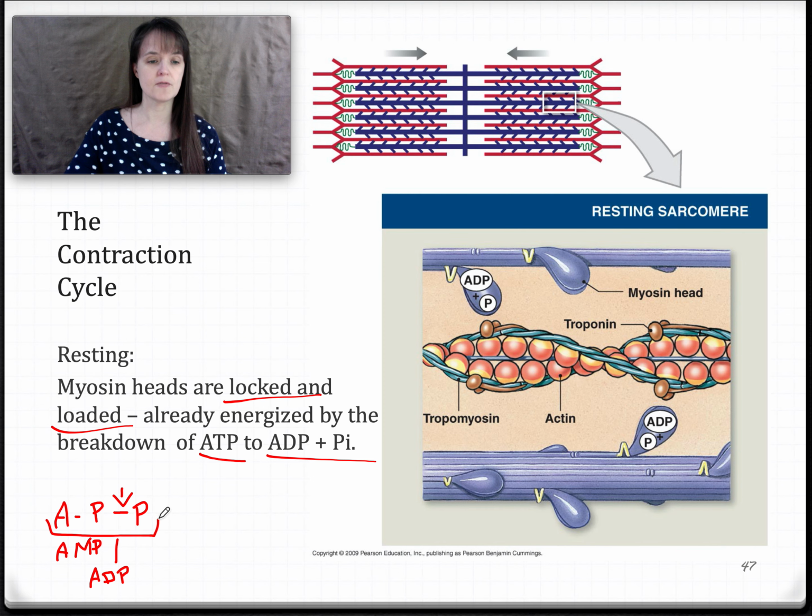And then when you phosphorylate it again, you make an even higher energy bond. And now you have three phosphates. So you have an ATP.